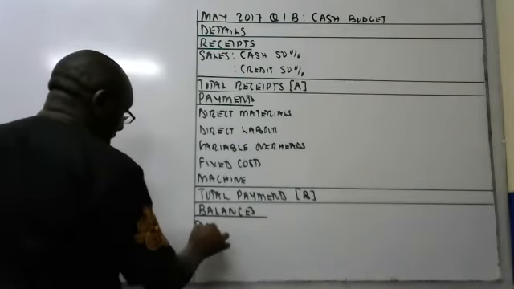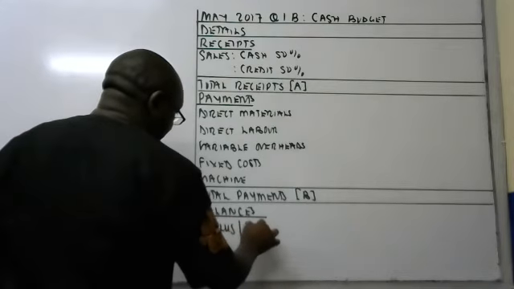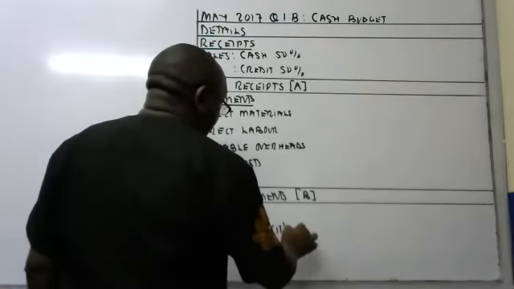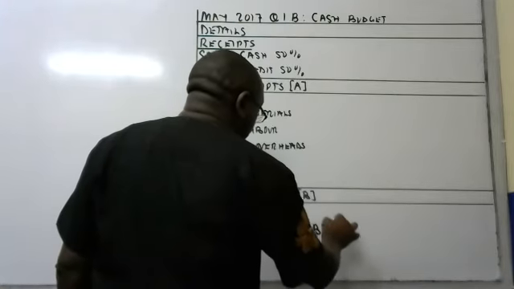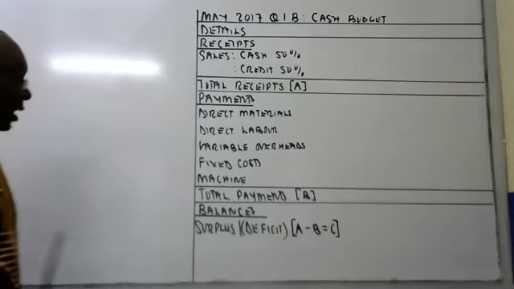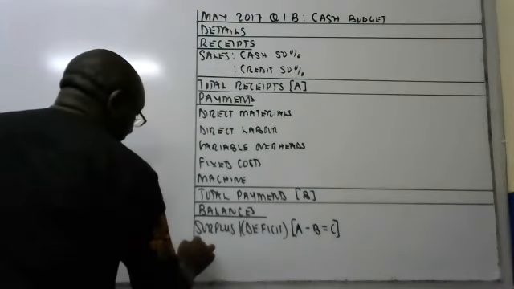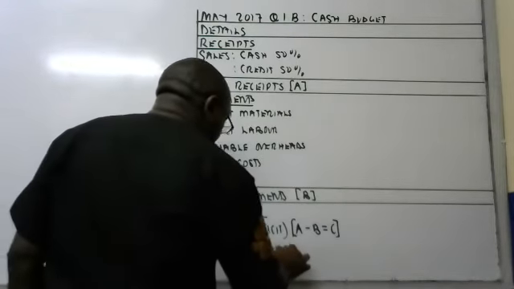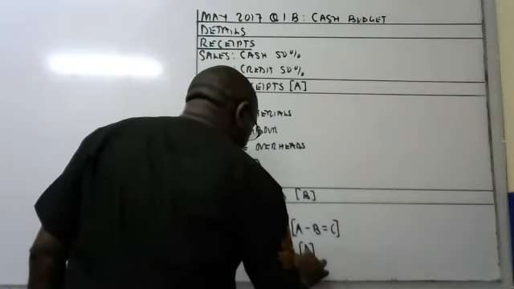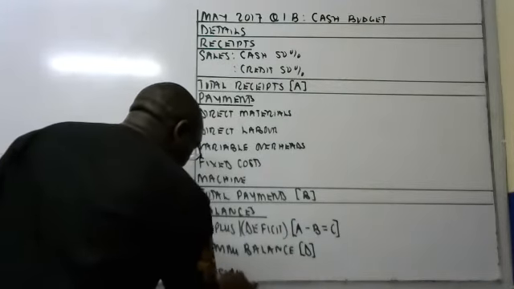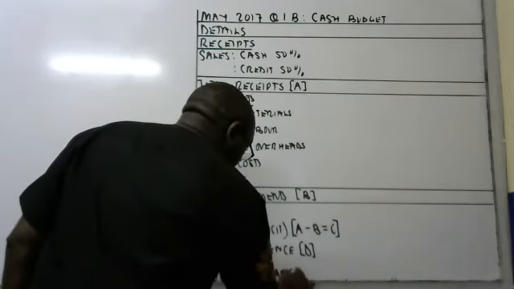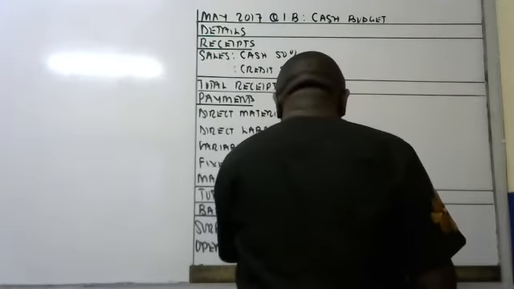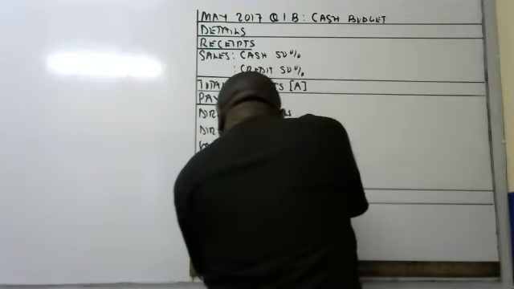Regarding balances, we have surplus or deficit, and if it's a deficit, it is negative, which will be arrived at as A minus B, you call it C. Then we will have the opening balance, and you call it D. And then closing balance, which will be C plus D.